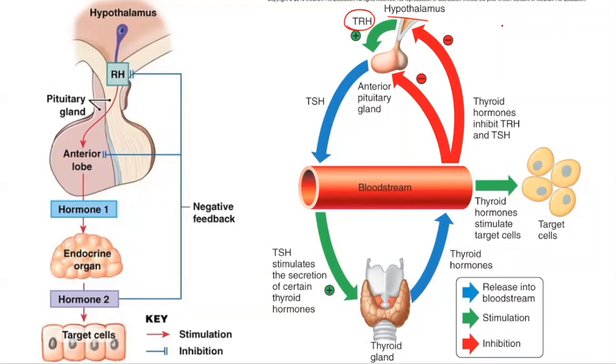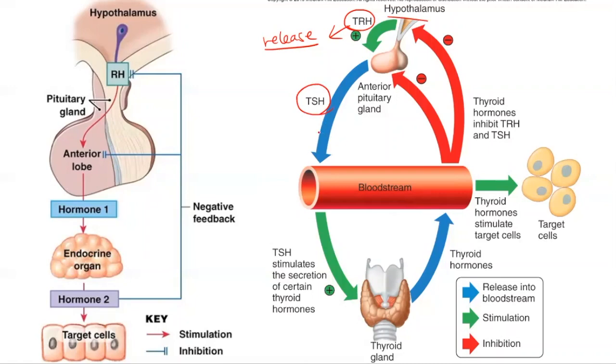And TRH stands for thyrotropin releasing hormone, which, as the name implies, is going to induce the production of something. It's going to release something. What is it going to induce? It's going to stimulate the production of TSH from the anterior pituitary gland. TSH stands for thyroid stimulating hormone.